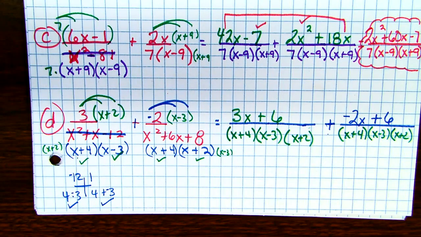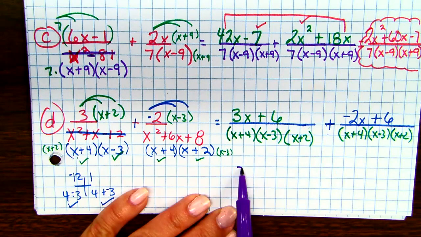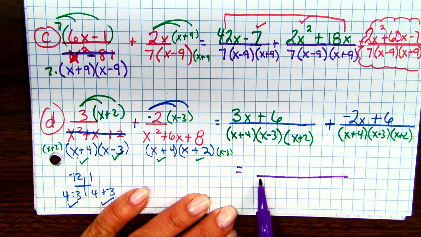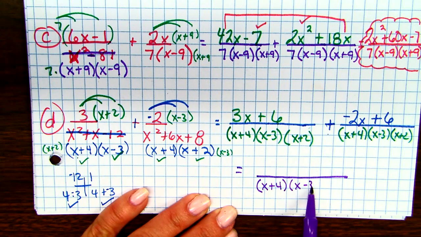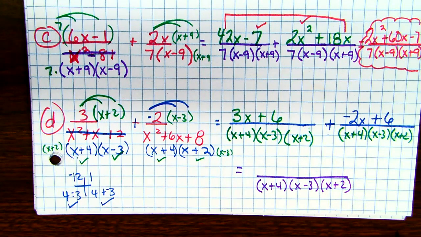Now we're ready to write our final answer. One denominator. Again, the order that you write these parentheses in does not matter at all, okay? So don't think it's wrong if my answer key has them in a different order. Doesn't matter. And then any like terms in my numerator.